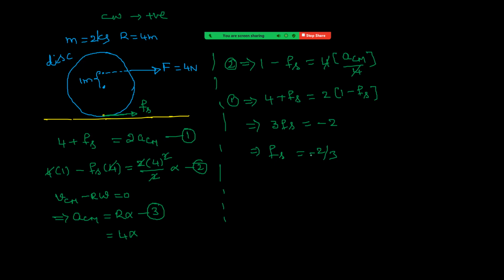That's why we can take any direction and make that calculation, right? So minus indicates it is left side. That means its value is 2 by 3, direction left side.